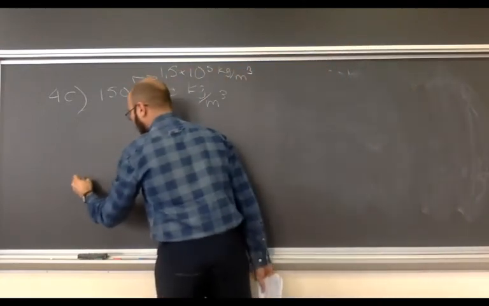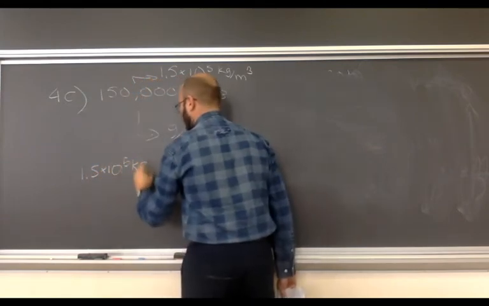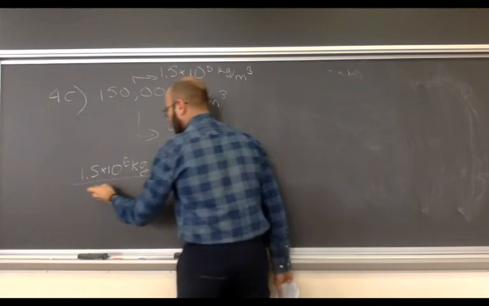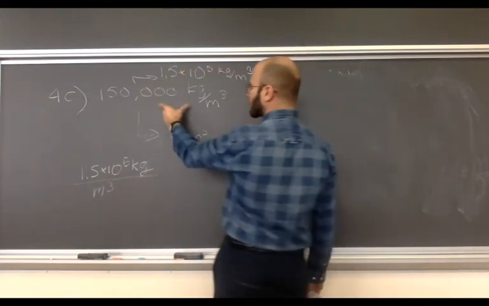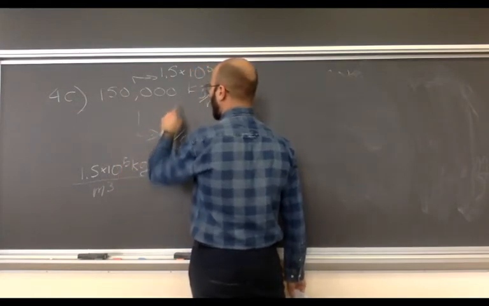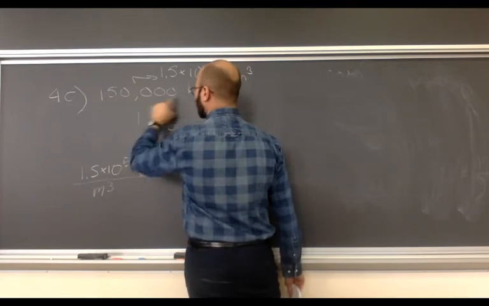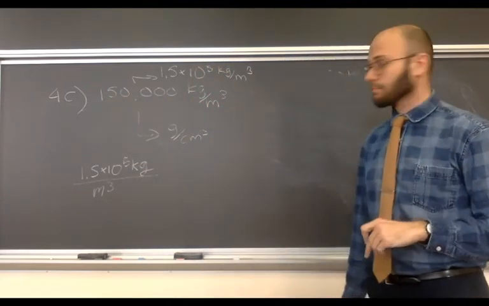So we have 1.5 times 10 to the 5 kilograms on top, meters cubed on the bottom. Right? So it looks a little different than this number here, but this is another accurate representation of what we have, right? 1, 2, 3, 1, 2, 3, 4, 5. I always have to double check too.